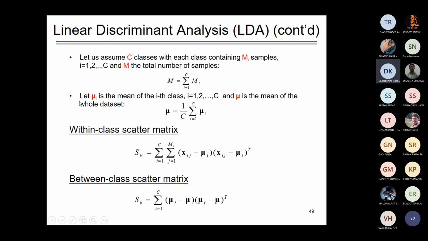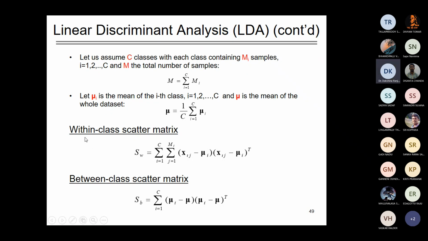First we will get the mean for a particular class out of the C classes, so for C number of classes we will get these means, where mu is the mean for each and every class. And we will get another mean, which represents the mean of the whole data set.